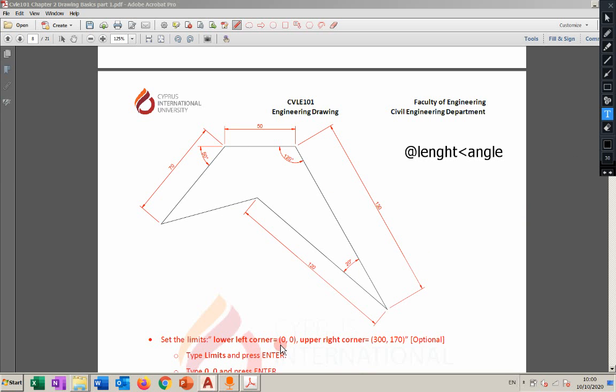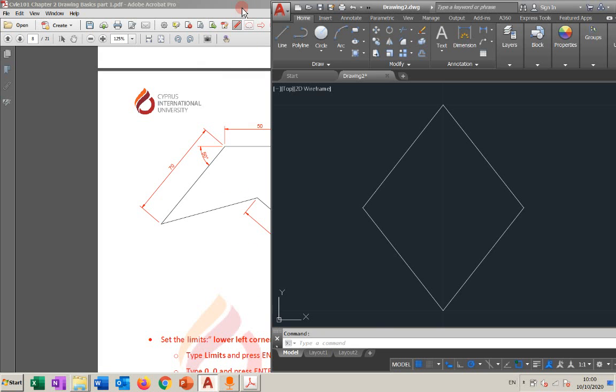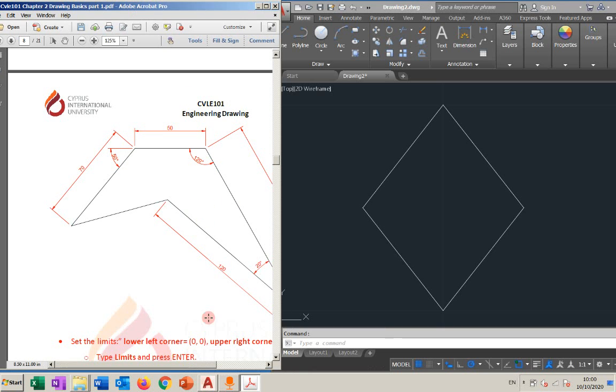First, let's set up the limits 0,0, 300,170. We don't have any coordinate, so I can use different methods to manage this one.